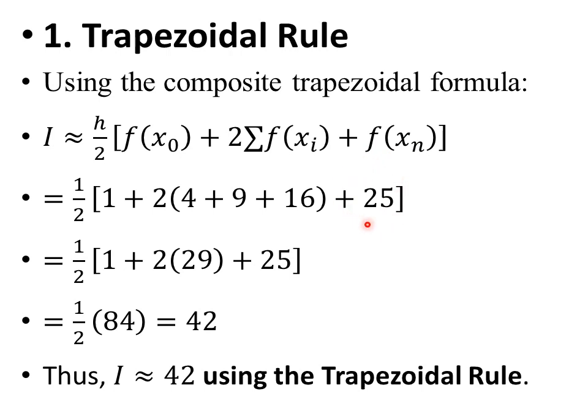Then we simplify: add these numbers to get 29, multiply by 2, add the 4 and 25, then divide by 2, we get 42. The integration is approximately 42 using the trapezoidal rule.